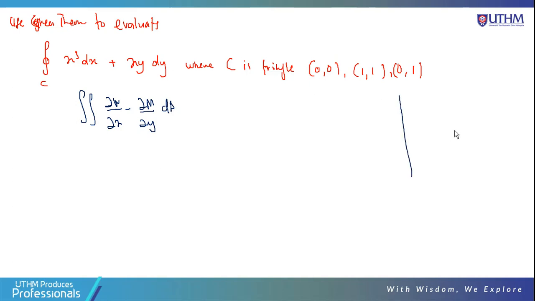So you sketch the triangle, starting from (0,0), (1,1), (0,1). Its direction is counterclockwise, so you use this formula. If the orientation were clockwise, you would put a negative. This one is counterclockwise, so you can use this.